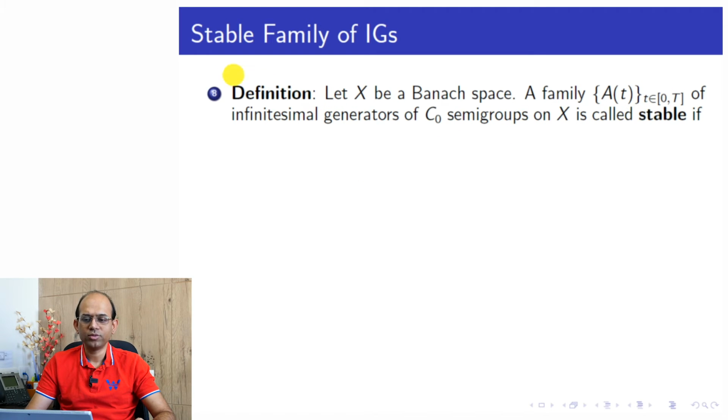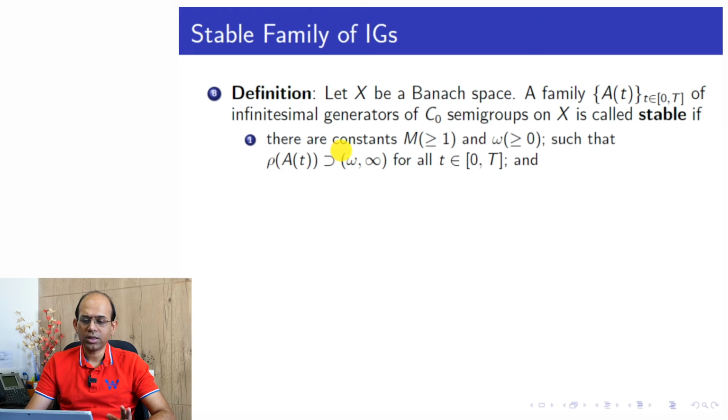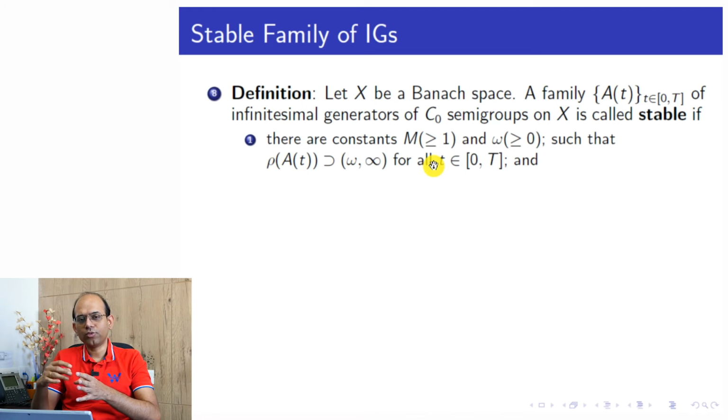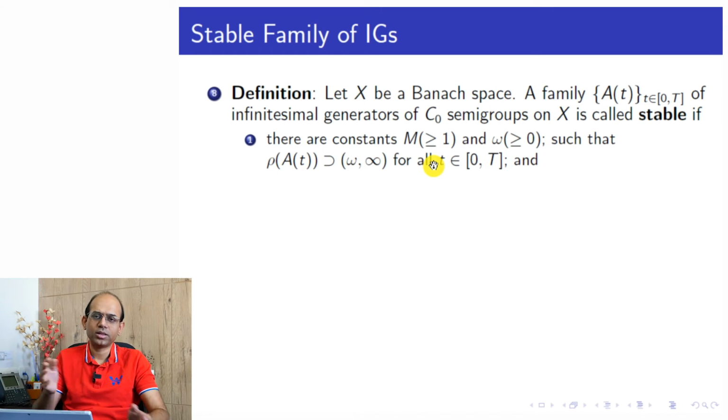A family A(t) of infinitesimal generators of C0 semigroups on X is called stable if there are constants M, which is not less than 1, and omega, which is greater or equal to 0, such that the resolvent set of A(t) includes the open interval (omega, infinity) for each and every t between 0 and T. So this is saying that there exists some omega such that each A(t) has this in its resolvent set, but the intersection of all these includes at least one ray, meaning the set (omega, infinity).